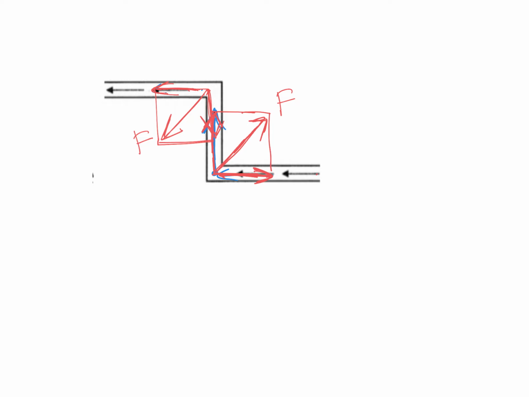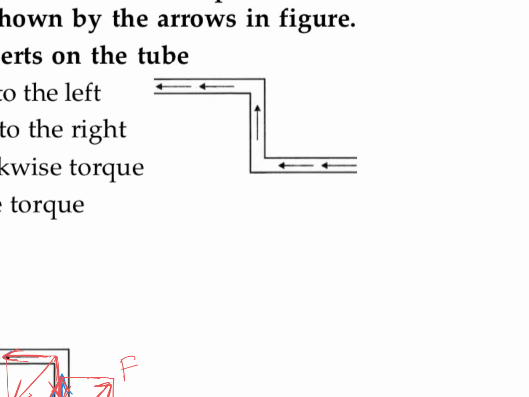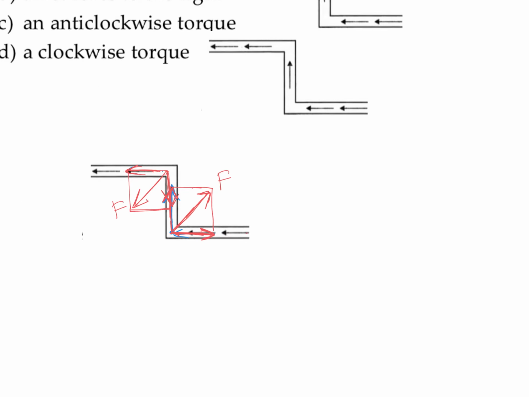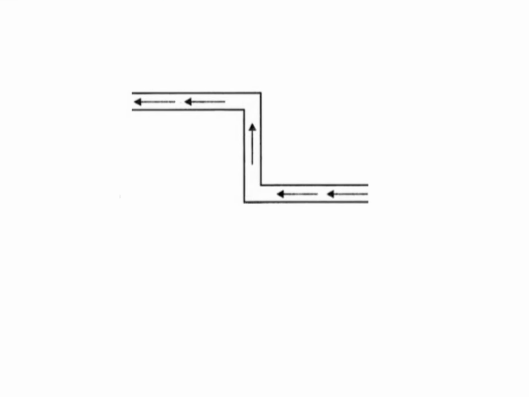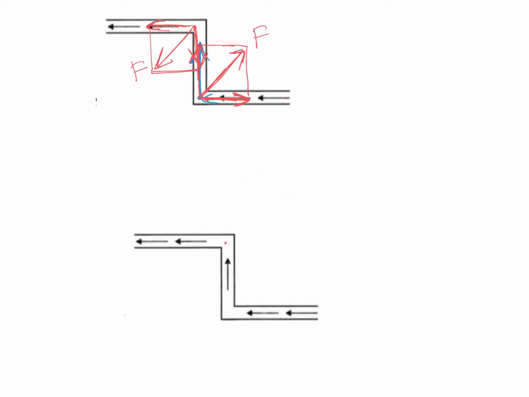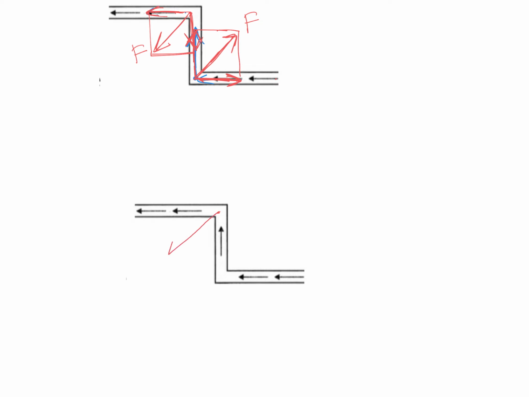Overall, for a structure like this, when liquid is flowing through it, we observe the force exerted by the tube on the liquid, because we consider the change in momentum or change in velocity of the liquid. The force exerted by the tube on the liquid has this direction over here and this direction over here.